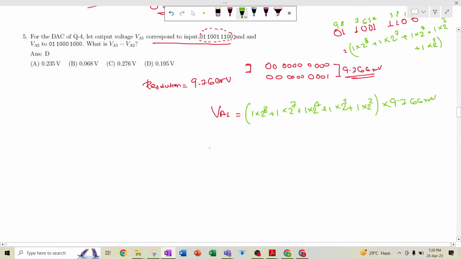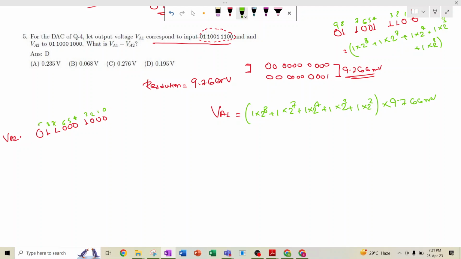For VA2, the input is 0 1 1 0 0 0 1 0 0 0, with bit positions 0 to 9.